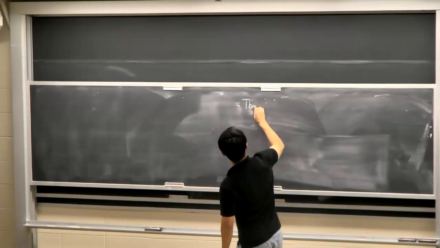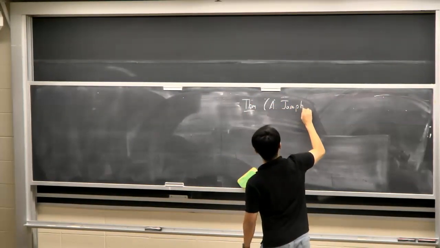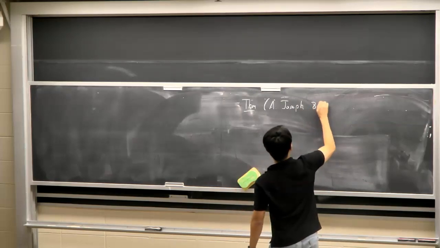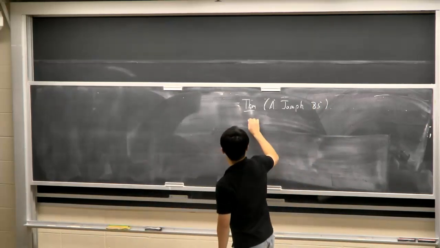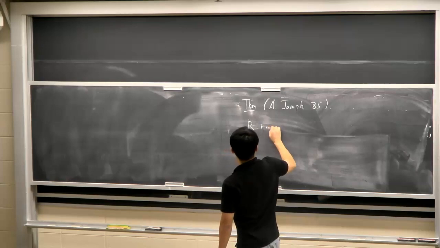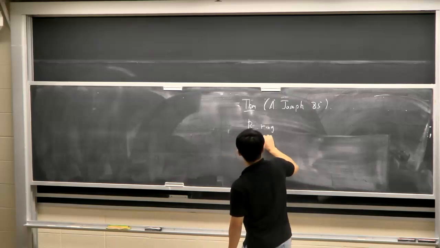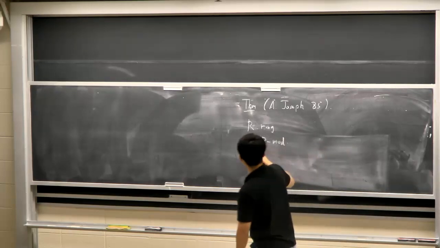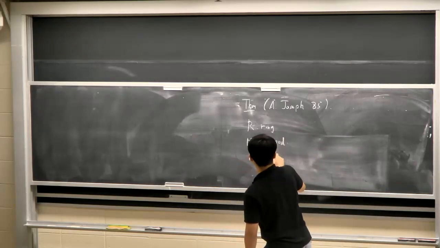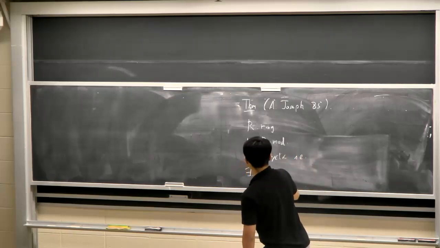Theorem number one is by Anthony Joseph, 1985. In this framework, let's think about a ring R, which is not necessarily commutative, and an R-module M. The module M is cyclic, which means that there is one generator.